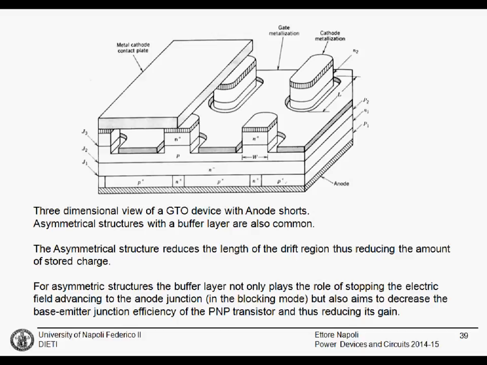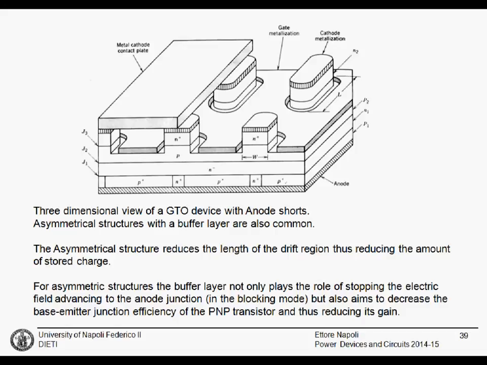This means that minority carriers injection in the emitter is small with respect to the holes injection from the emitter, and this is good for the emitter efficiency. Ideally, we want only holes injected from here.